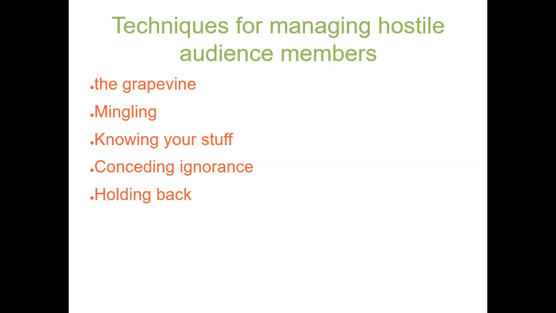Now, why is grapevine important in this context? It is important because you can use grapevine to find out information about the audience. For example, you're going to give a talk in a particular organization and you have a friend there. You can use that friend to get important information about the audience members.